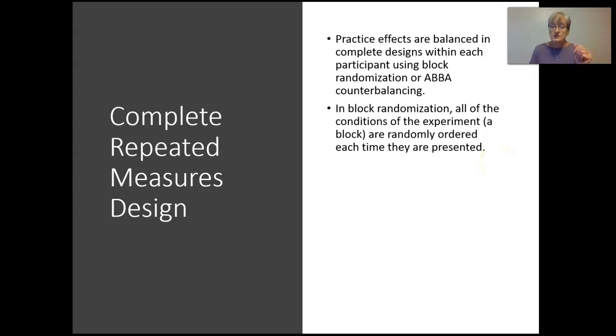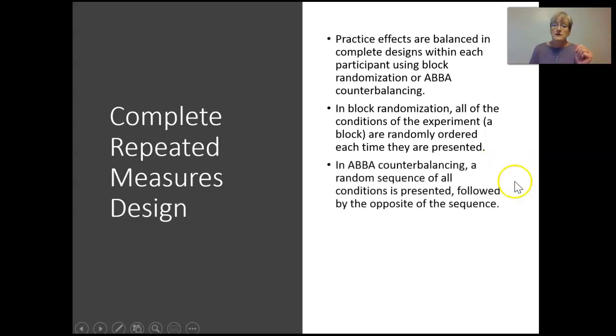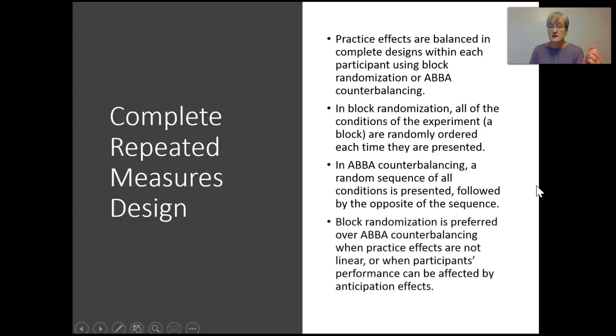Random generations of the different possible orders, the different permutations. In ABA counterbalancing, you could have a random sequence of conditions, and each time they're followed by the opposite of the sequence. And that's a method of making sure that you're counterbalancing the potential impacts of practice effects.